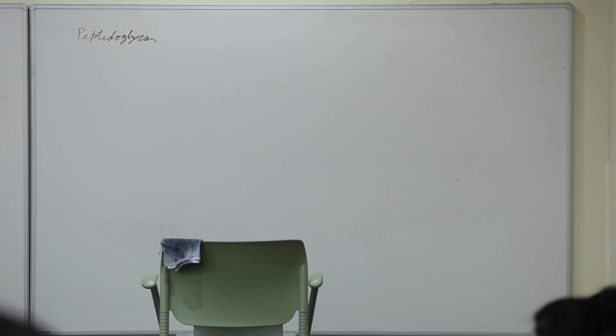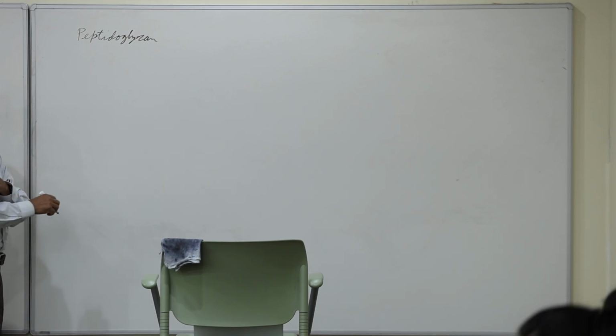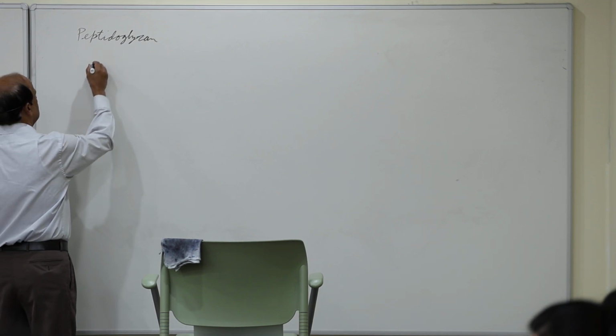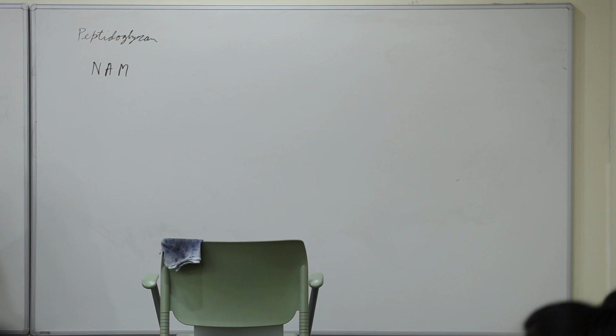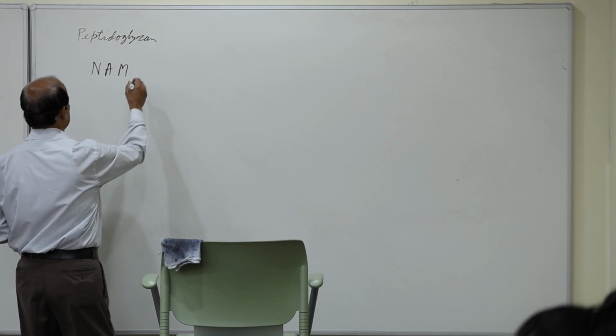Another related polysaccharide is the peptidoglycan. Again, we don't make it, it's bacteria make it, but because we are infected by bacteria, you need to just know some few things about the peptidoglycan. So it is a polymer of two glucose units that are modified. One is called NAM and NAM.